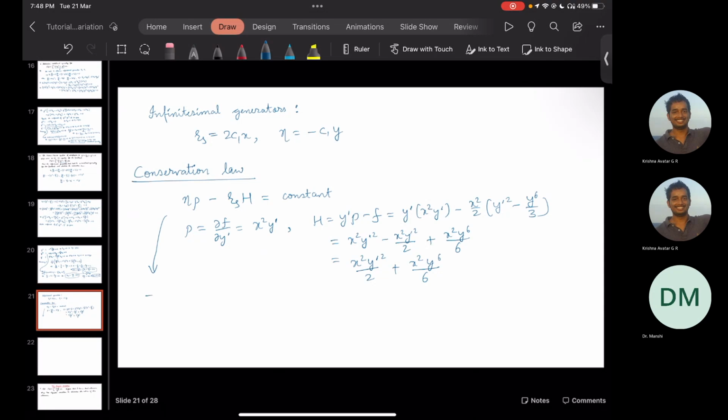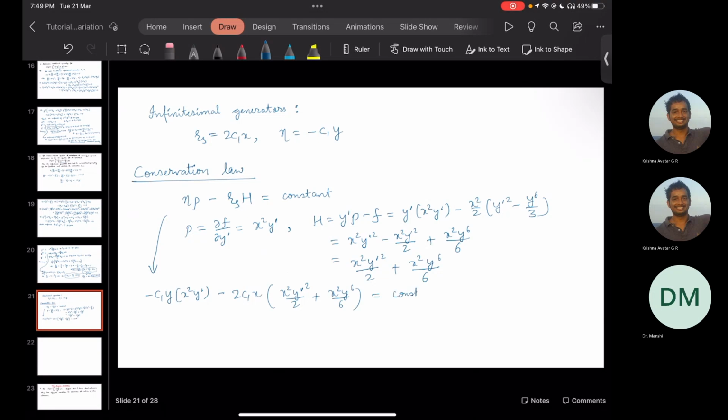So the conservation law is minus c1 into y into x squared y prime minus 2c1 into x into x squared y prime squared by 2 plus y to the power 6 by 6, equals a constant.